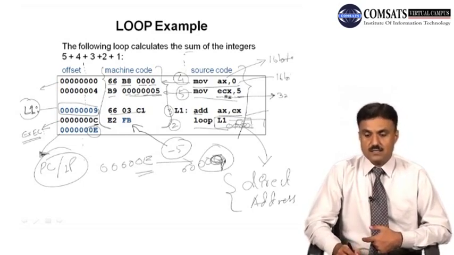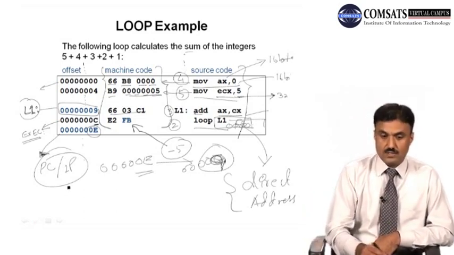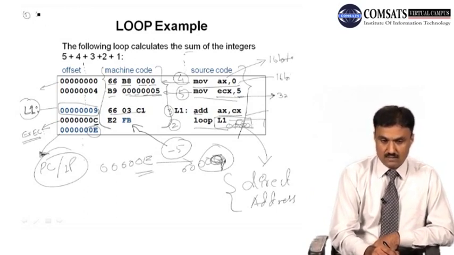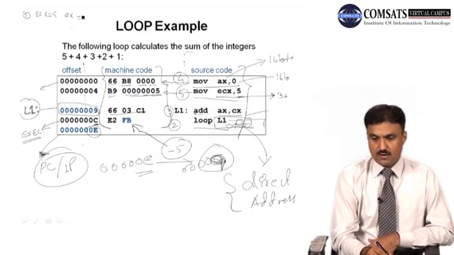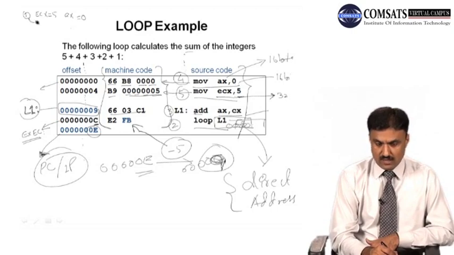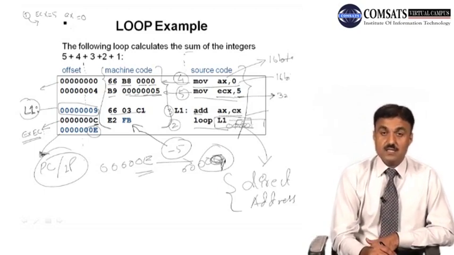ECX is assigned 5, and AX is assigned 0. I want to just write it here. When we are moving, we have ECX is equal to 5 and AX is equal to 0. So in the first execution, what will happen: add AX, CX.